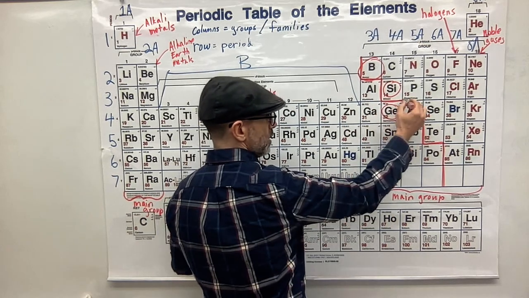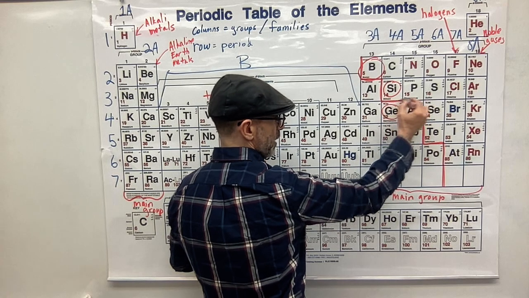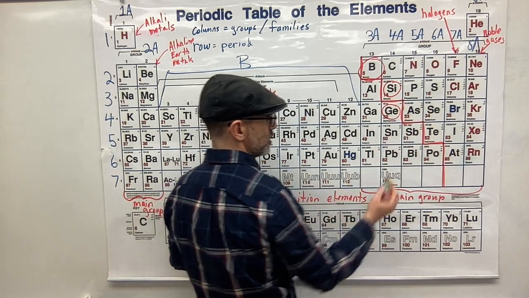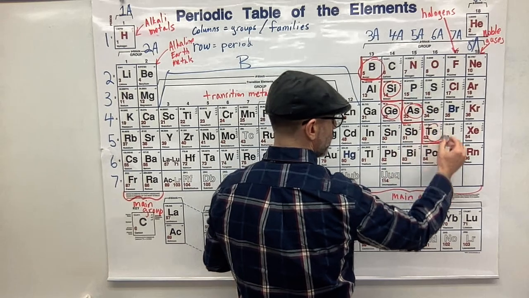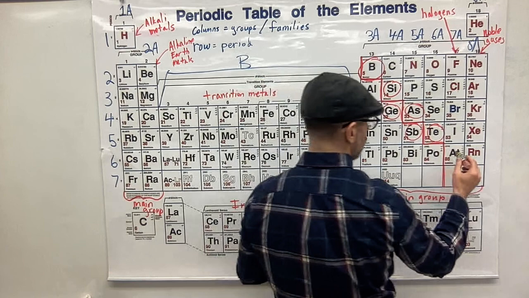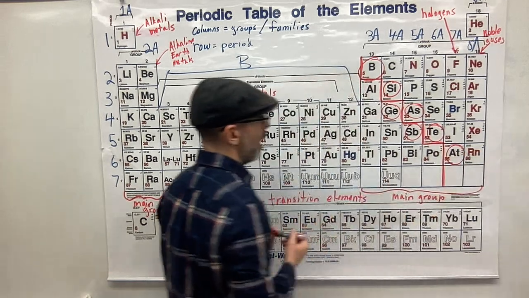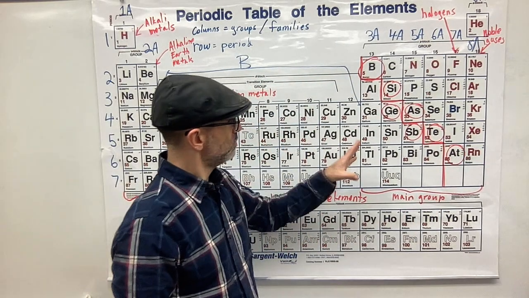Germanium is sandwiched or surrounded, I guess, by two ends of the stairs here. We have arsenic, and then we have tellurium, we have antimony, and then we have that one. So those are going to be your metalloids.